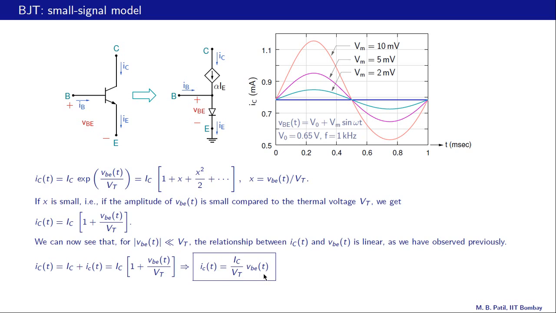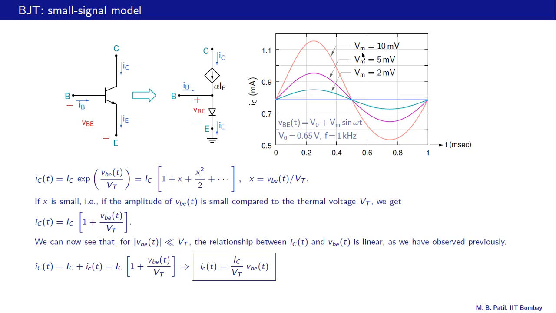If vbe of t is sinusoidal, as in this case, and if the amplitude of VBE is small, then we expect the collector current also to be sinusoidal. And that is indeed what we observe in this case, which corresponds to an amplitude Vm of 2 millivolts for the base to emitter voltage, which is small compared to the thermal voltage, about 25 millivolts.